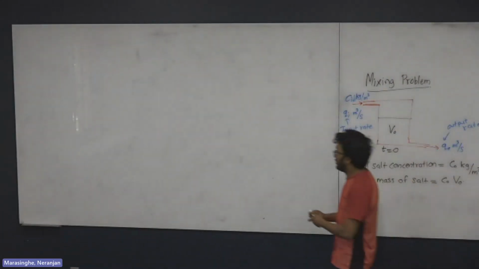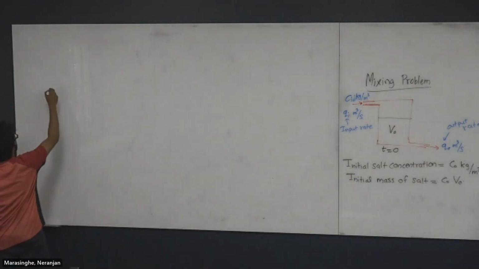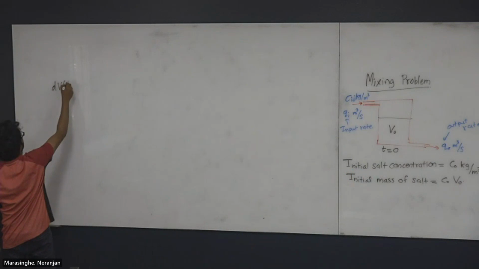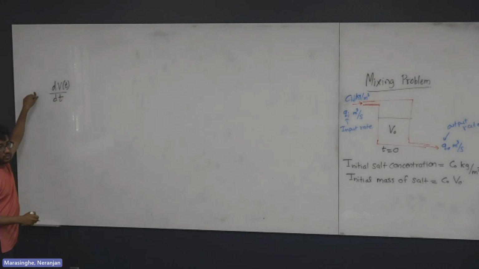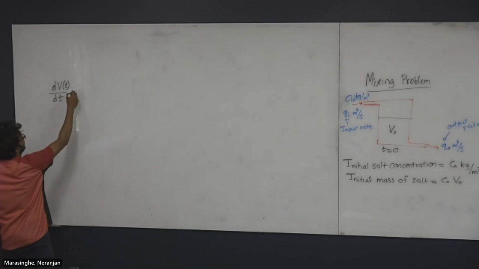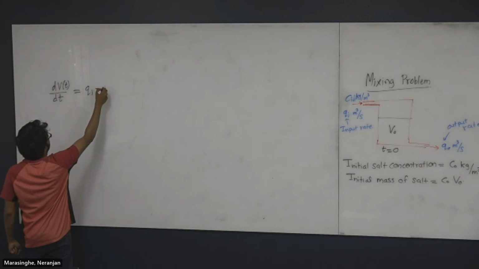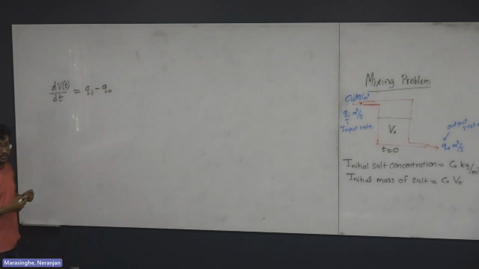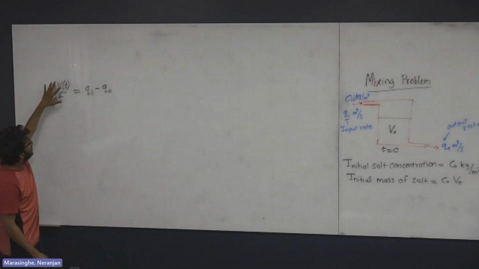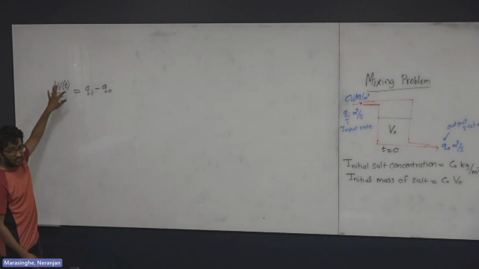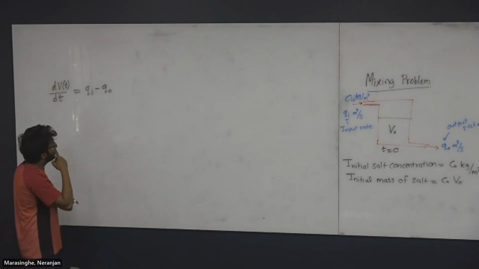It's going to be Qi minus Q naught, right? Input flow rate minus output flow rate, because if these two are equal, the volume is not going to change. So I have this equation.